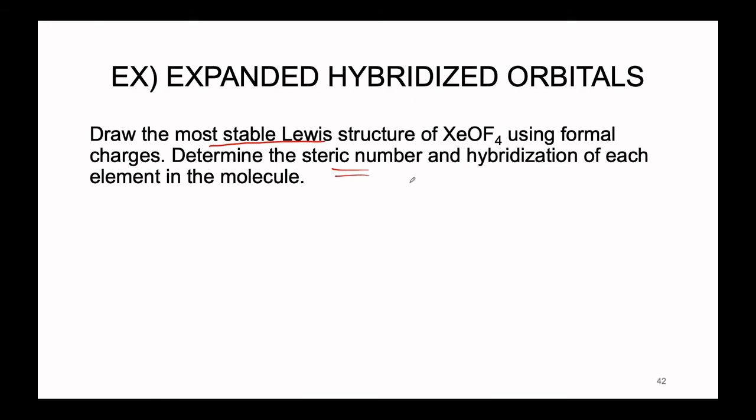Once you have your steric numbers, you can determine the hybridization of each of the elements in the molecule. I may ask for some type of electron configuration, I may ask for some kind of picture, but at the very least, and most commonly, this is the type of problem I would be asking of you.